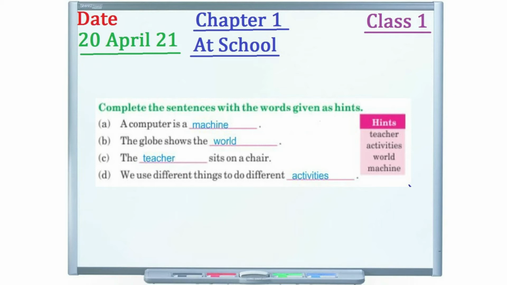Teacher sits on a chair. D. We use different things to do different what? Activities. What is the spelling of activities? A-C-T-I-V-I-T-I-E-S. Activities.